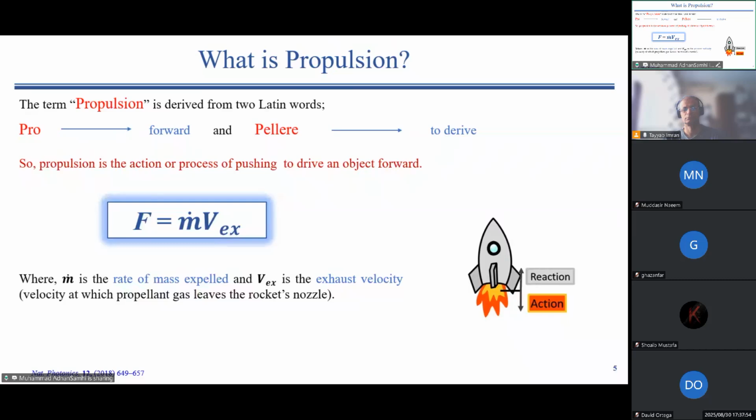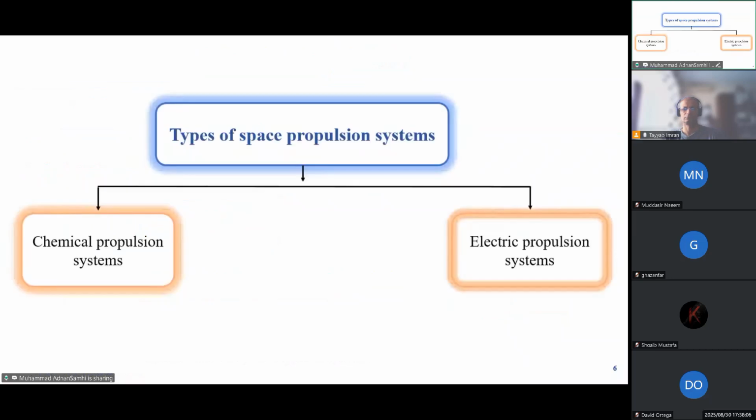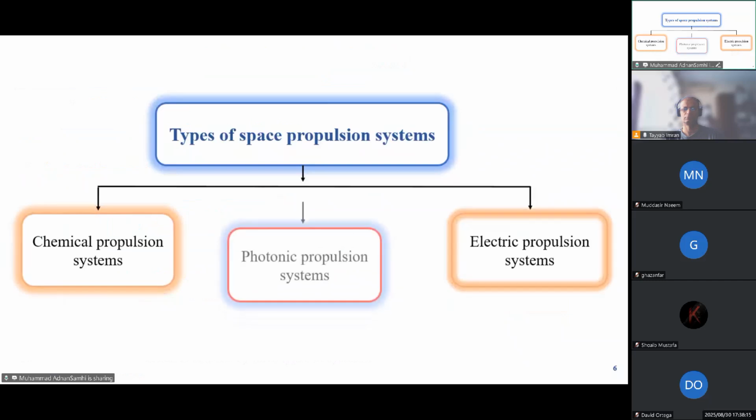So nowadays, space propulsion is basically enabled by three different systems. We have a very well-known system, which is the chemical propulsion system. Second is the electrical propulsion system, and third is the photonic space propulsion system.